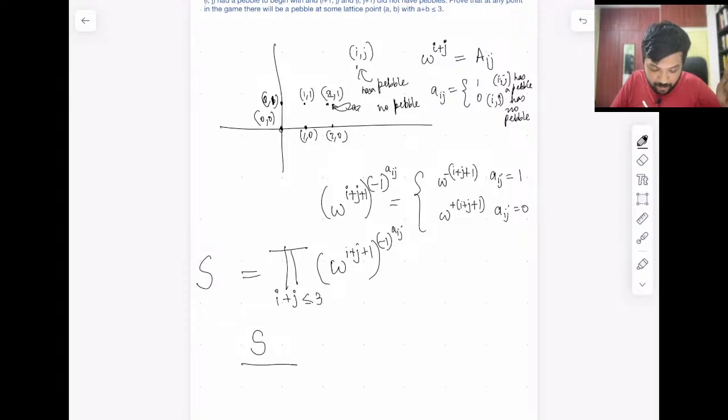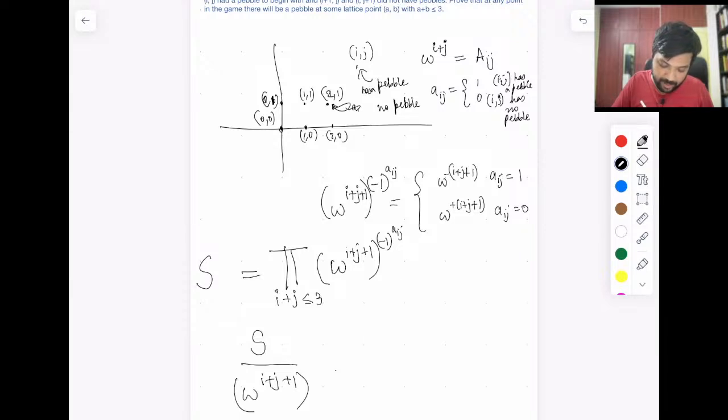The moment you remove the pebble, the omega power (i+j+1) power minus 1 power a_ij, I mean a_ij was anyway 1, so the power minus 1 basically got divided out.